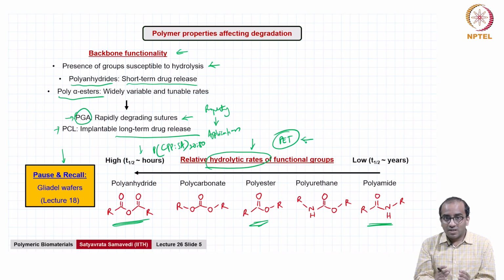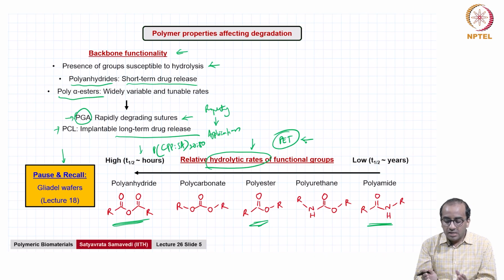So if you have paid careful attention to the structure-property relationship lectures, you will be able to immediately recall that the polyethylene terephthalate in the backbone has hydrophobic bulky linkages, right? So water is not going to go in as easily, both because it is hydrophobic and because it is semi-crystalline, right?